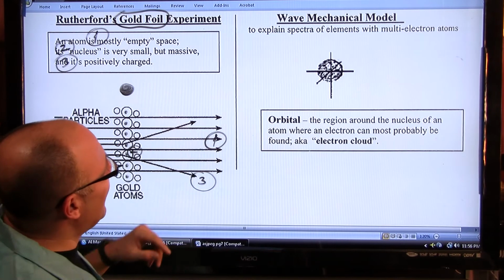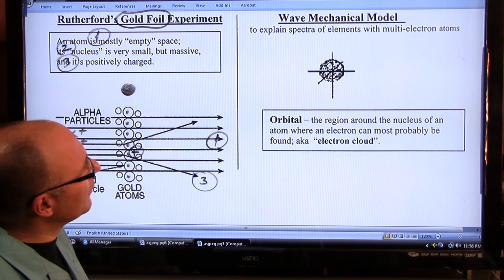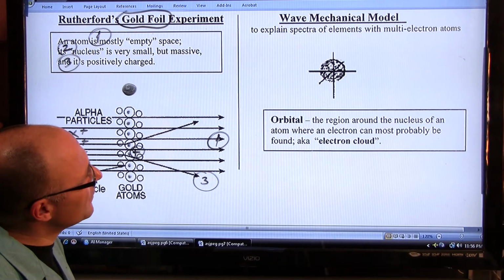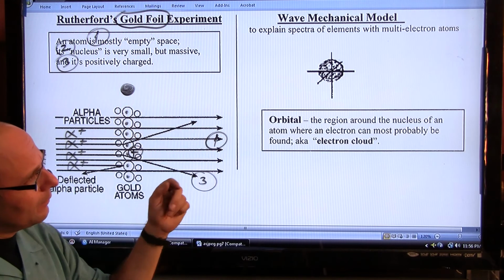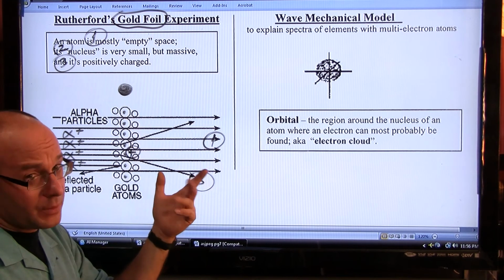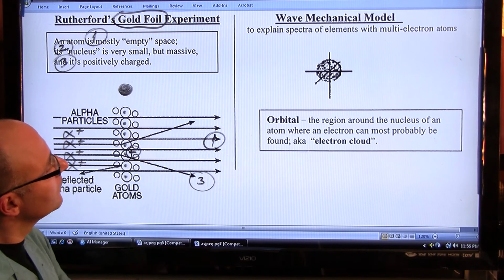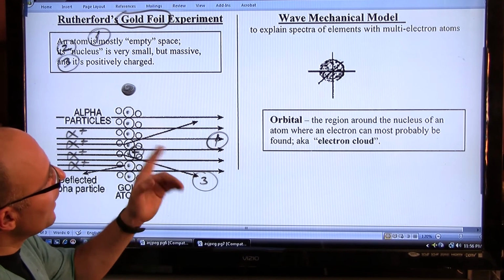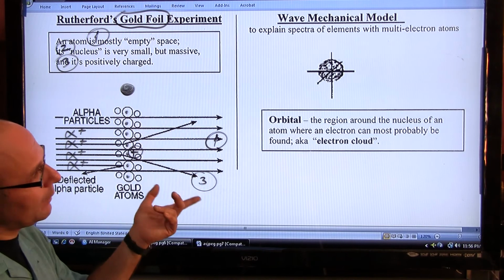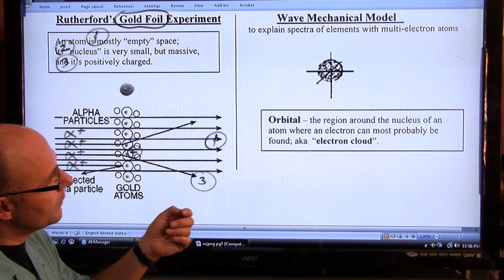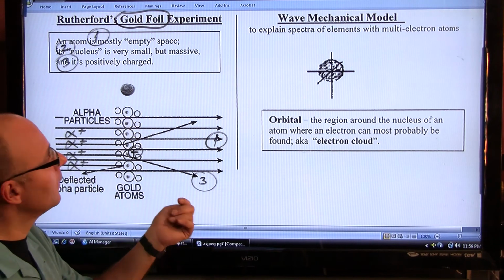And finally, I'm not sure if you had time to do this in your course. I know I spent very little time on this, and that is the model that you'll be learning about in your next course, if you take some more chemistry, you should, the wave mechanical model. The wave mechanical model was used to explain the spectra of elements with multi-electron atoms, more than one electron.